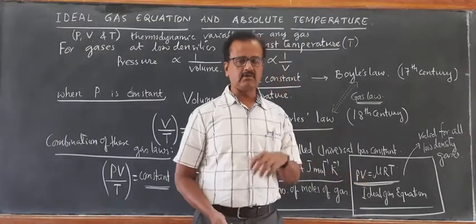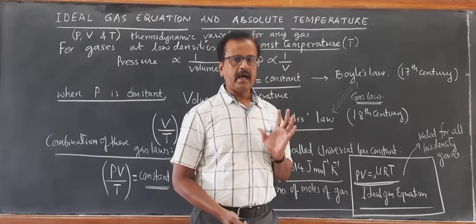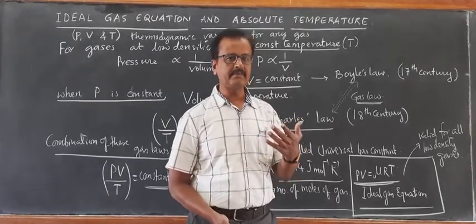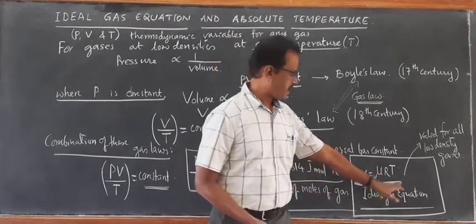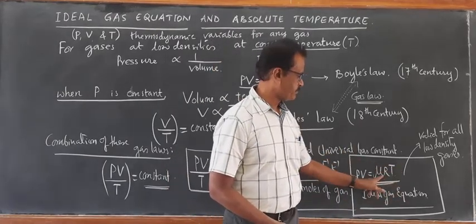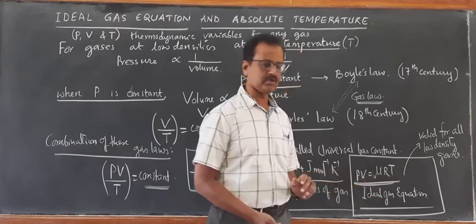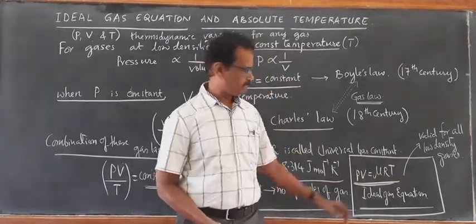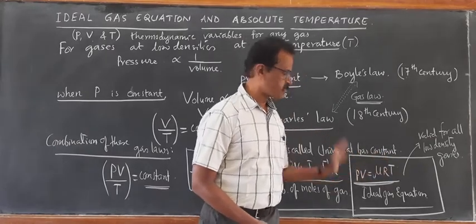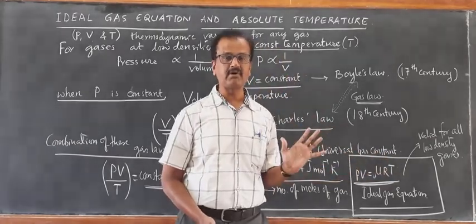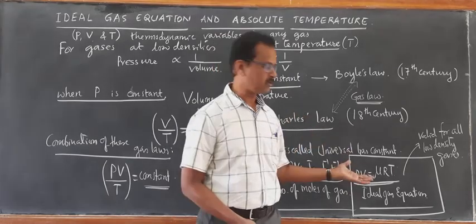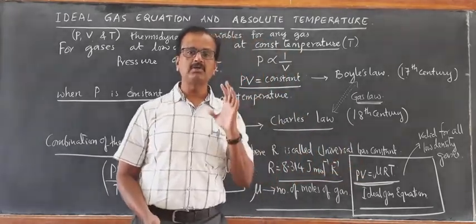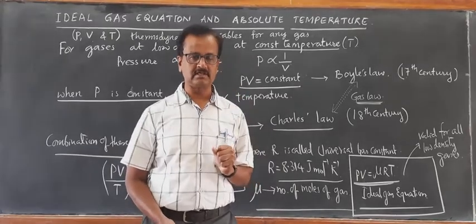If V is kept constant, and the gas is given heat, then what happens? Temperature rises. As temperature rises, you see, mu is constant, R is constant, V is also constant. As temperature rises, pressure also rises. As temperature decreases, pressure also decreases. This is the important fact, the basis on which the constant volume gas thermometer is constructed.